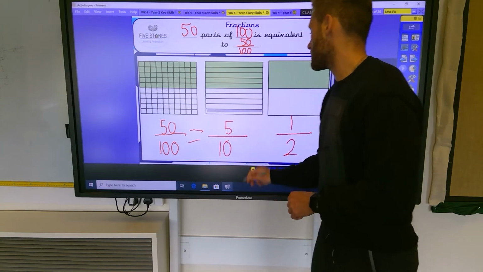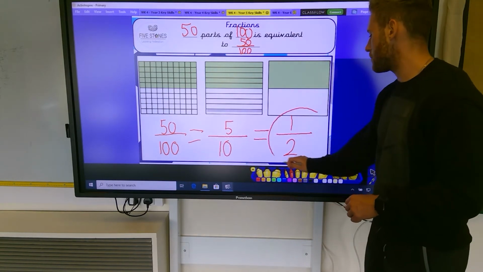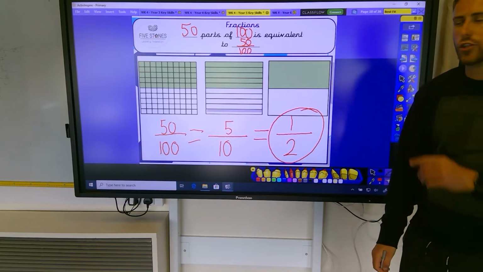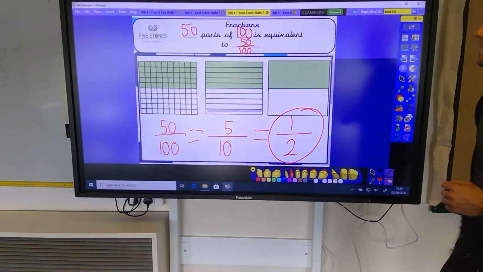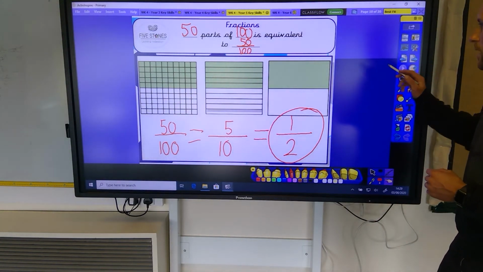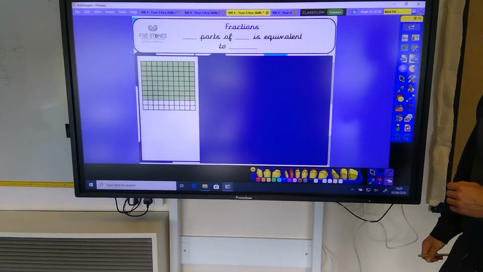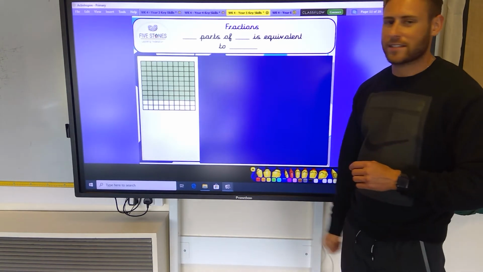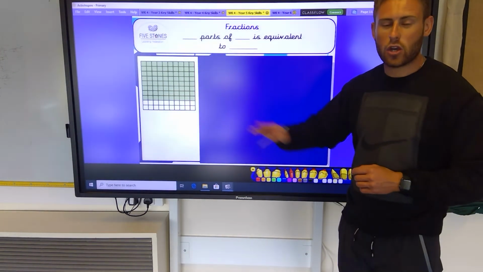So that equals that, that equals that. However, this is the most simplified form of that fraction. So well done if you managed to support me in completing that task there. Look carefully at those fractions. Now, I would like you to write a fraction representing this image here. There are 100 squares again, off you go.